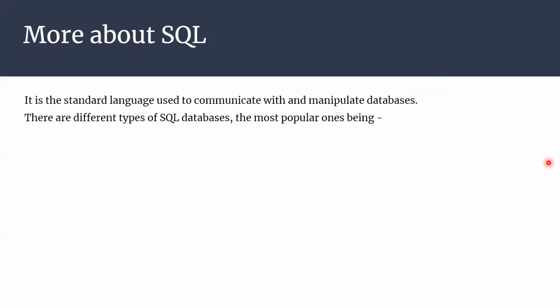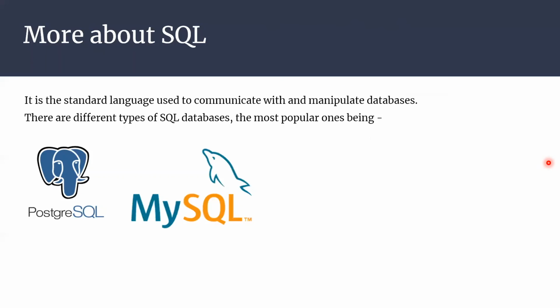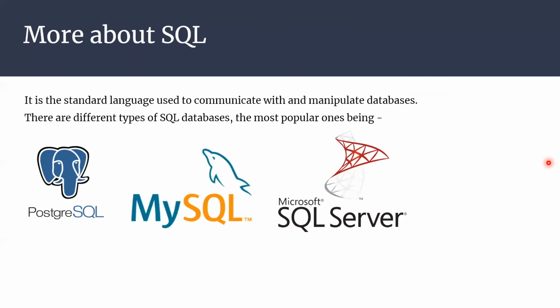There are many different types of SQL databases, but these are the most popular ones. There's PostgreSQL, there's MySQL, there's Microsoft SQL Server, and then there's also the Oracle database.